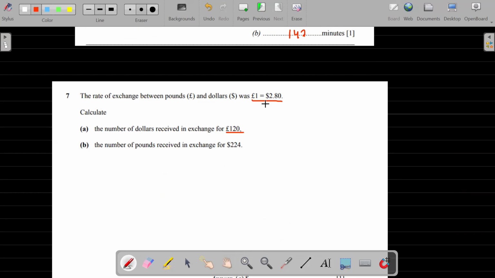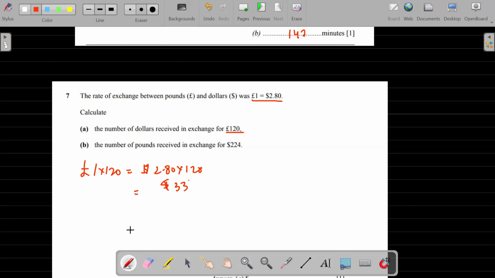The unit in which my quantity is given, I have to make it one, but it is already one, so I don't need to do anything else. I will simply multiply on both sides with 120. 1 pound times 120 equals $336.